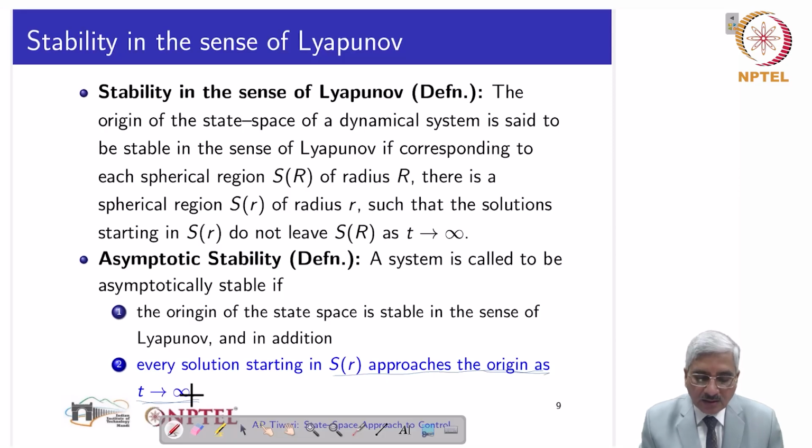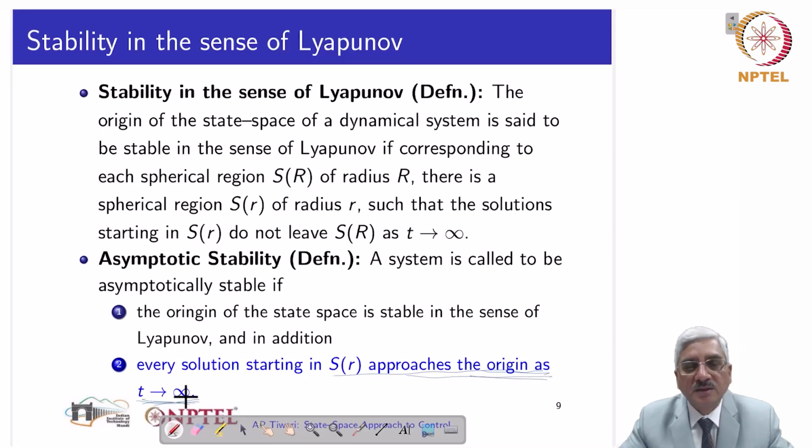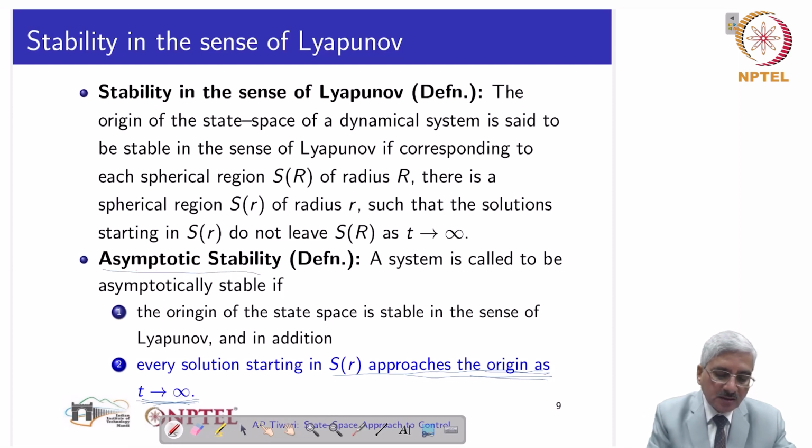So not only is it stable in the sense of Lyapunov, that means a solution starting somewhere in S(r) does not go outside and remains confined in the spherical region S(R). In addition to that, if it approaches the origin of the state space as t tends to infinity, then it will be called asymptotically stable. It is a stronger condition. This is a less strong condition.